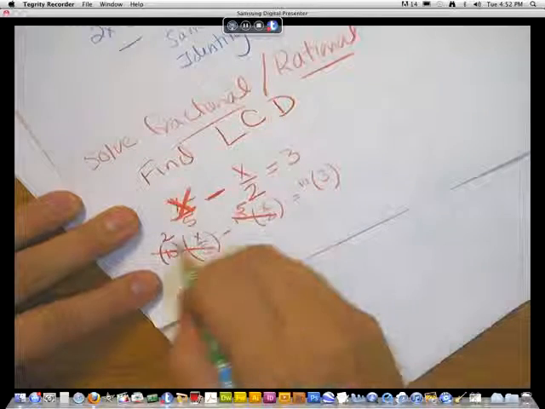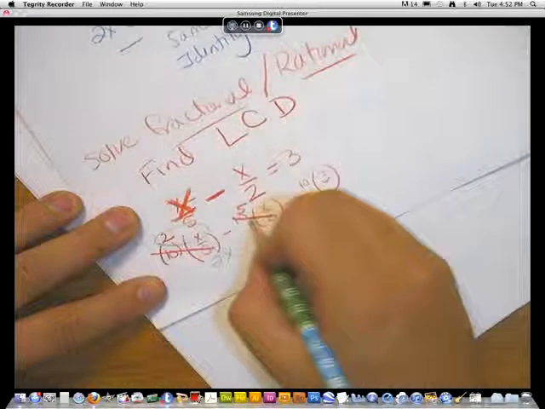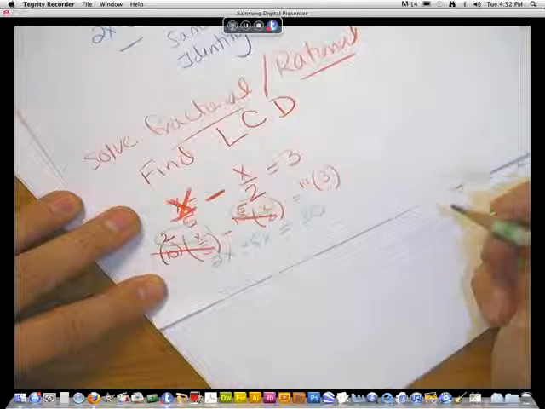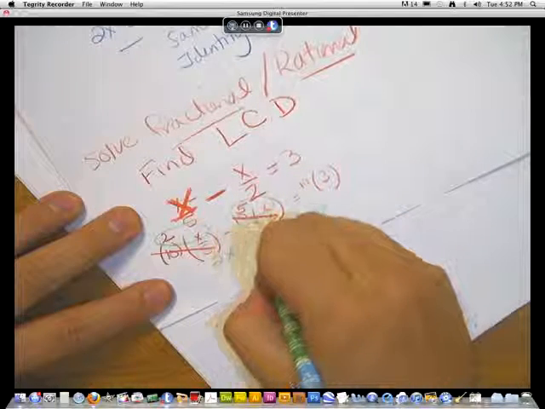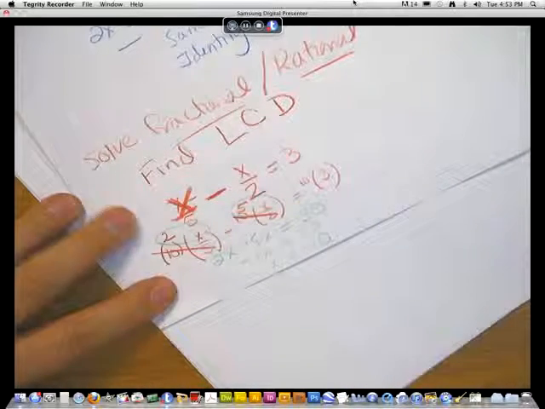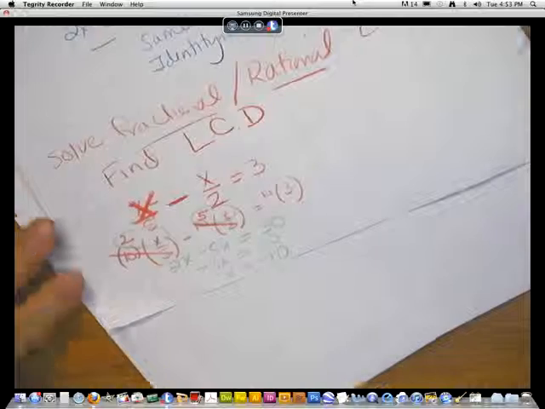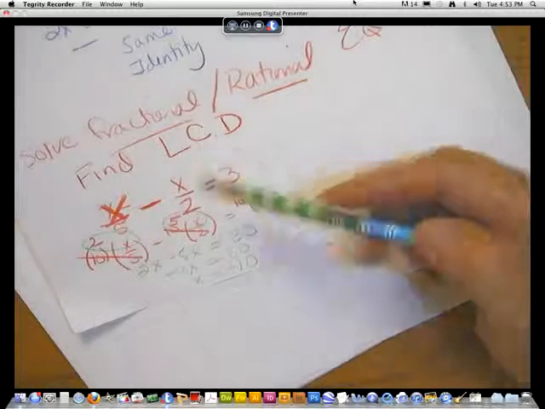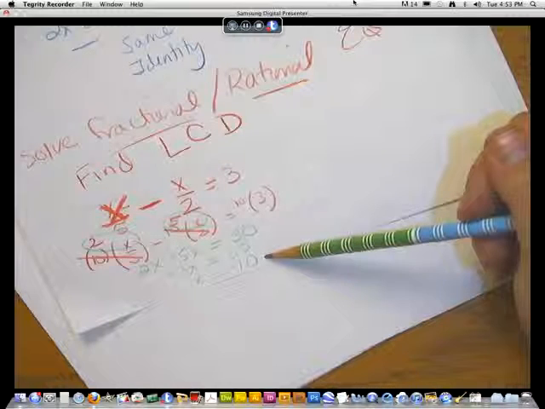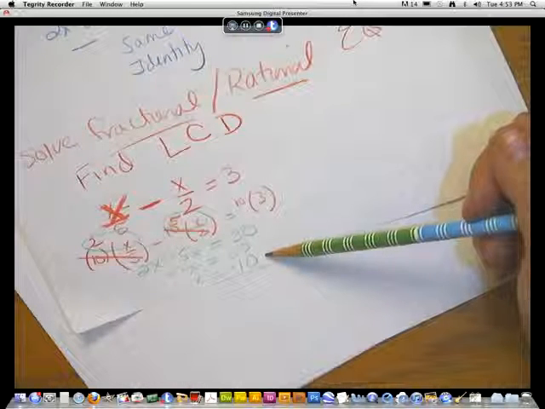And then multiply what's left standing. So there's 2x minus 5x is 30. So negative 3x is 30. x is negative 10. When you are dealing with rational equations, you need to check to make sure that the answer is plausible.